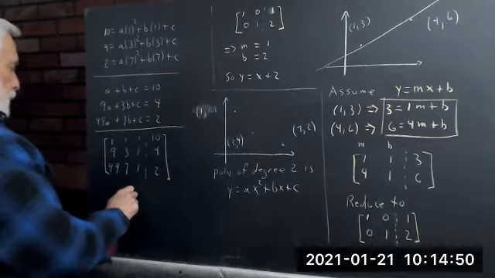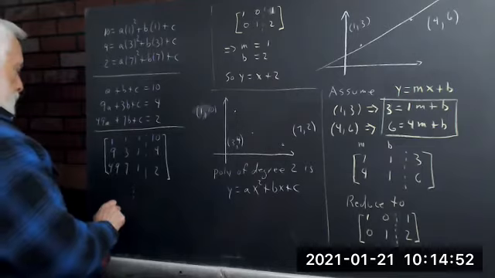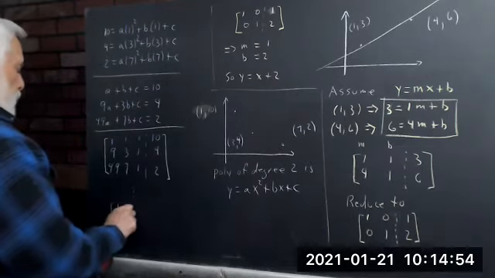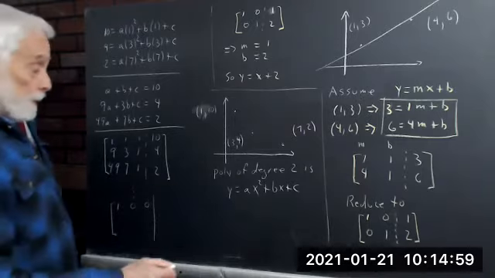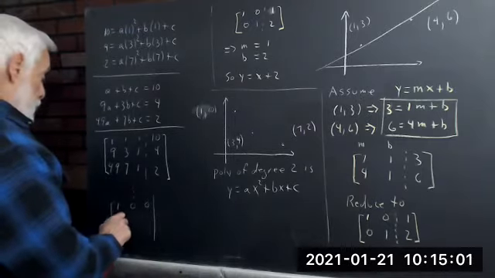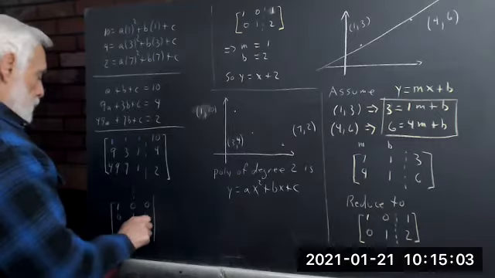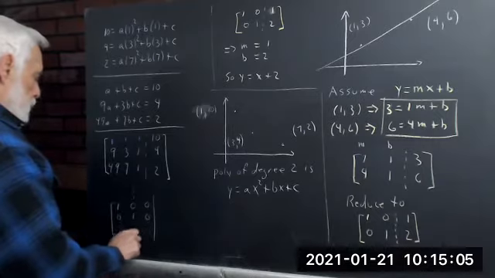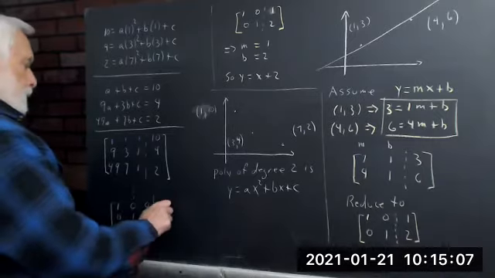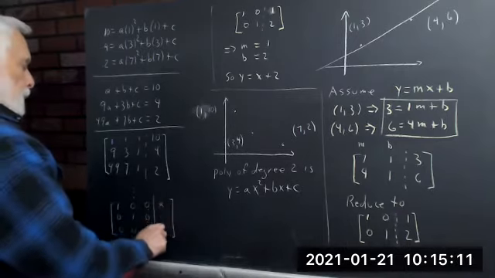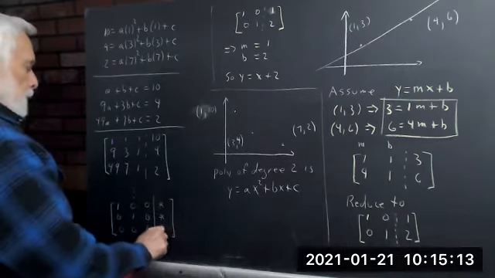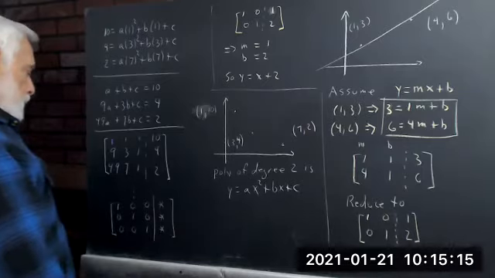And I can reduce this to 1, 0, 0; 0, 1, 0; 0, 0, 1. I'm not going to solve this one in my head. Then we're going to get some number here, some number here, some number here.